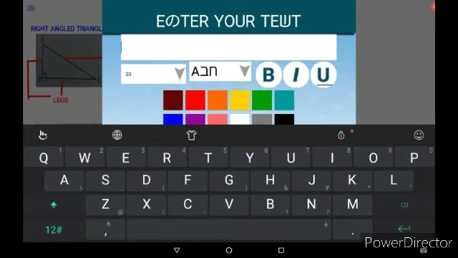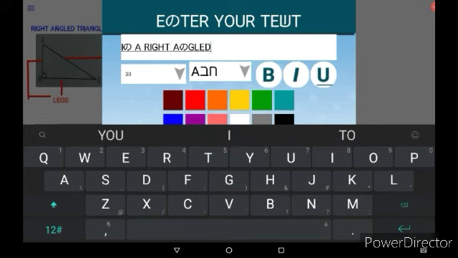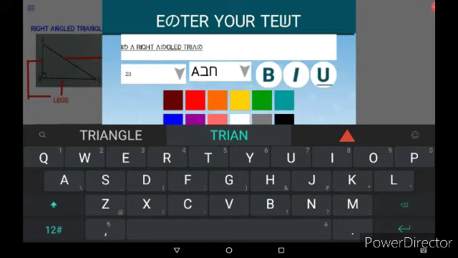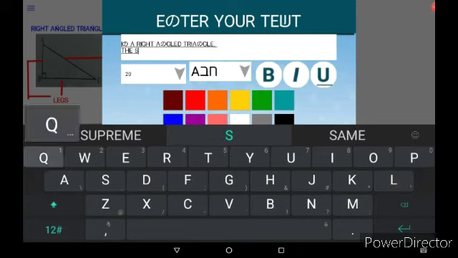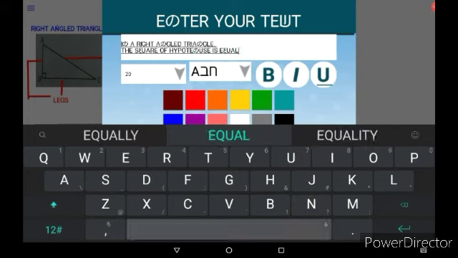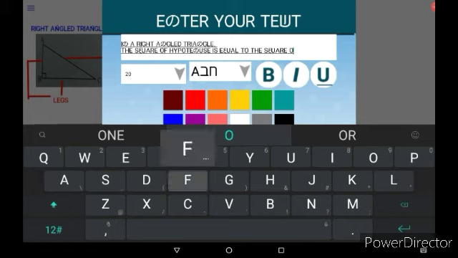So we have understood that in a right angled triangle, the square of the hypotenuse is equal to the square of both the legs.